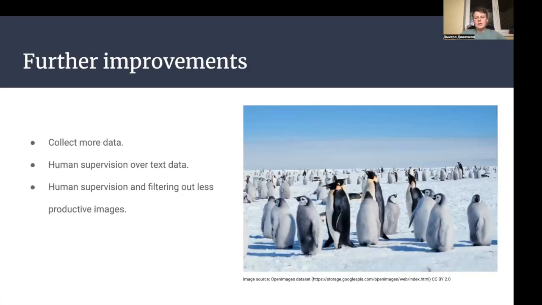Let's also take a look at what we can further improve regarding the work that we've done. First of all, collecting more data is always useful.